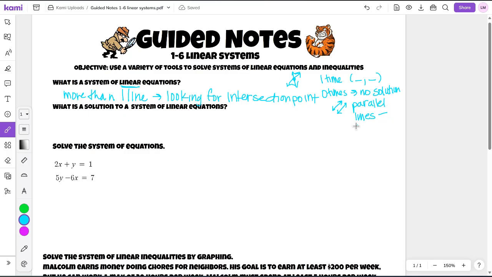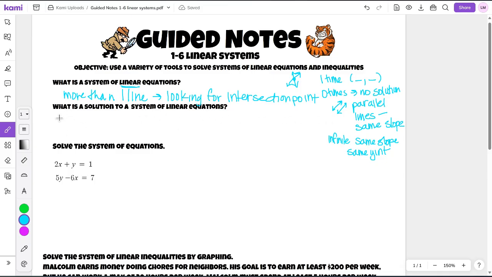And then the third case would be all the time, like infinite solutions, and that's when the line is the same. So same slope, same y-intercept.